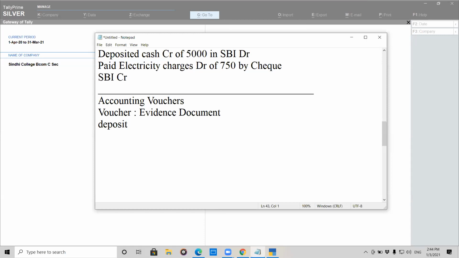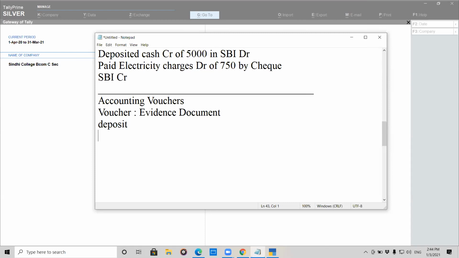The document. When you go to the bank and make a deposit, what is the acknowledgement they give you in your hand? They give us a part of the challan, which has all the account details, how much you have deposited, everything.